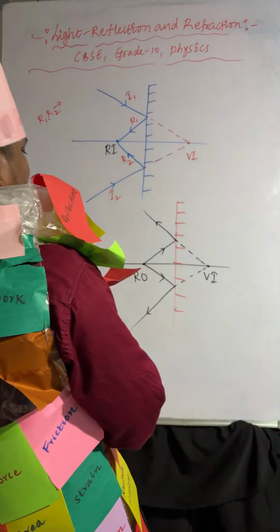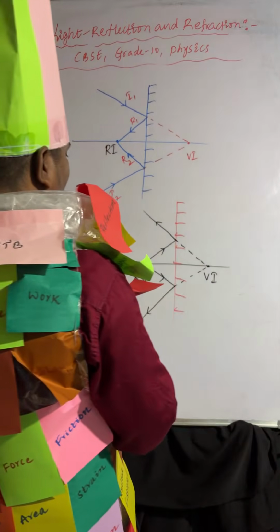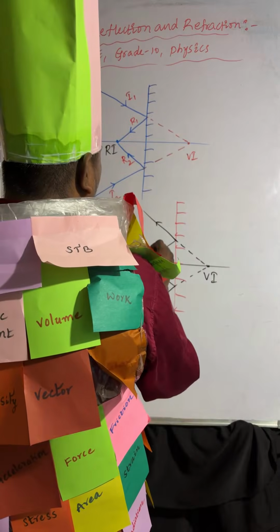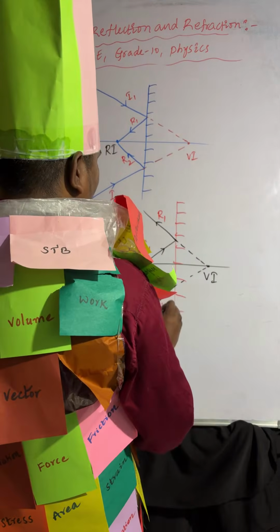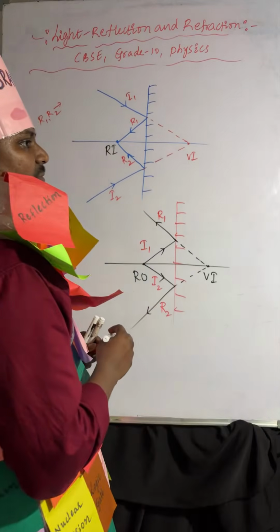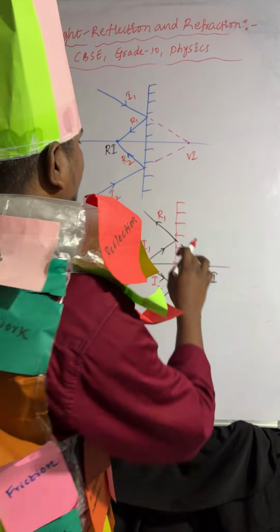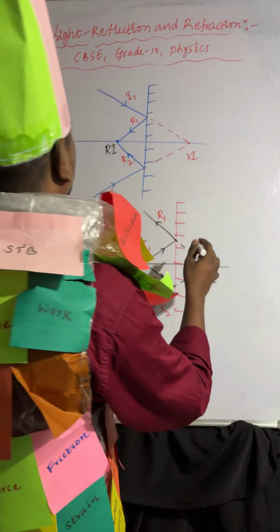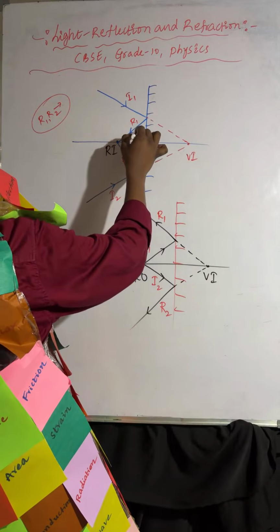Okay, now you can observe. So here, this is I1, I2, this is R1, R2. If you are extending the reflected light rays, here you can observe directly reflected light rays R1, R2.